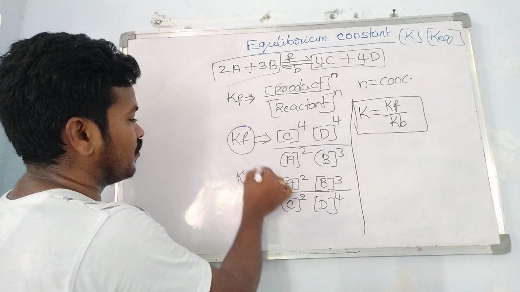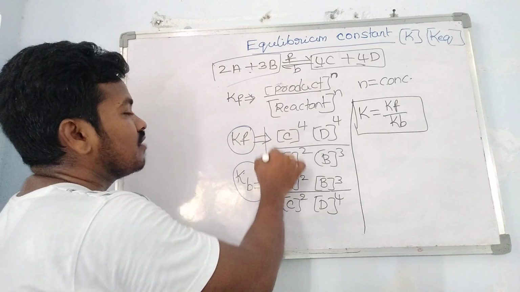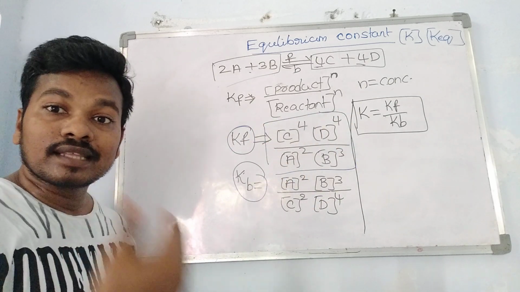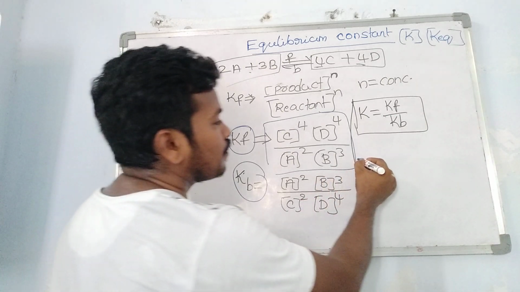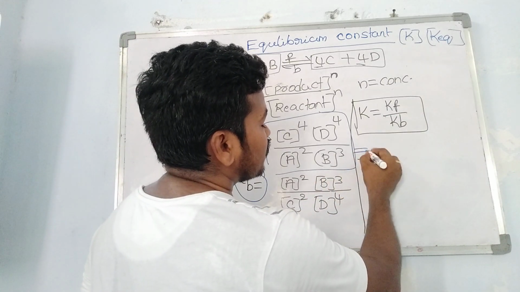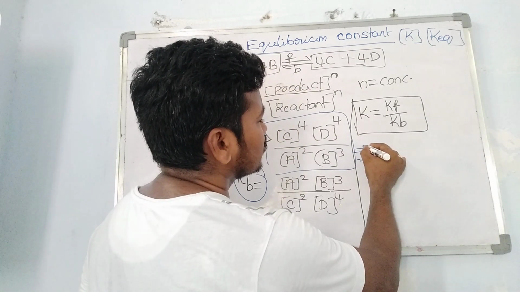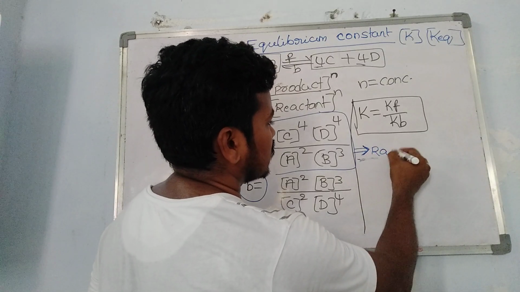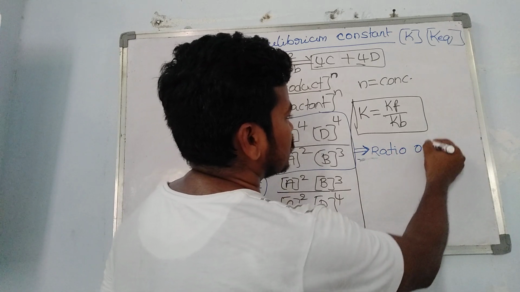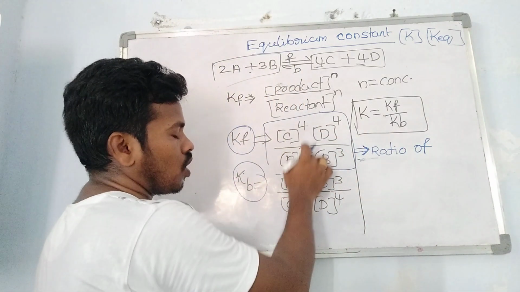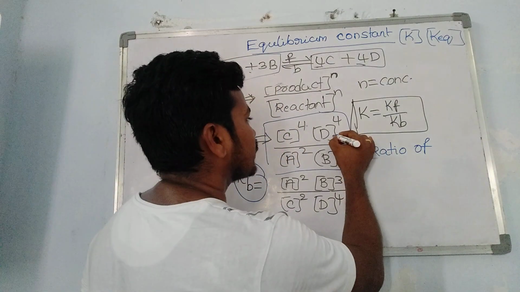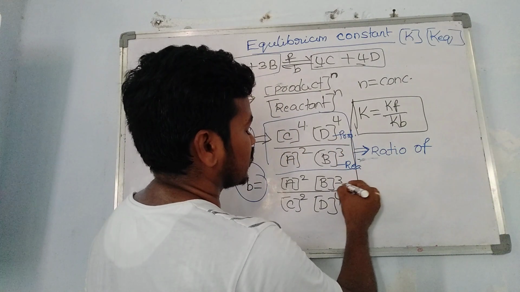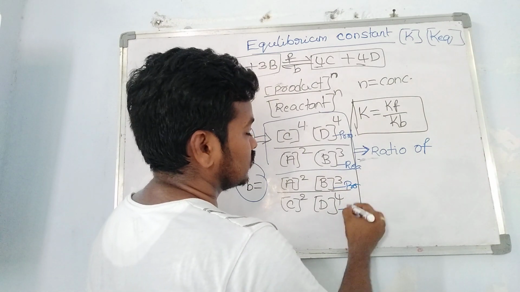But I want to take another definition. At a given temperature, the rate of the reaction, we are taking the ratio. Here this is called a product, this is called a reactant.